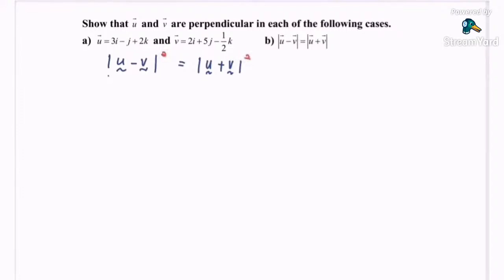Kindly refer to the properties of scalar product, where we have the modulus of vector A squared is actually equal to A dot A. So in here, modulus of u minus v squared means that vector u minus vector v dot with the vector u minus vector v, for the left hand side.